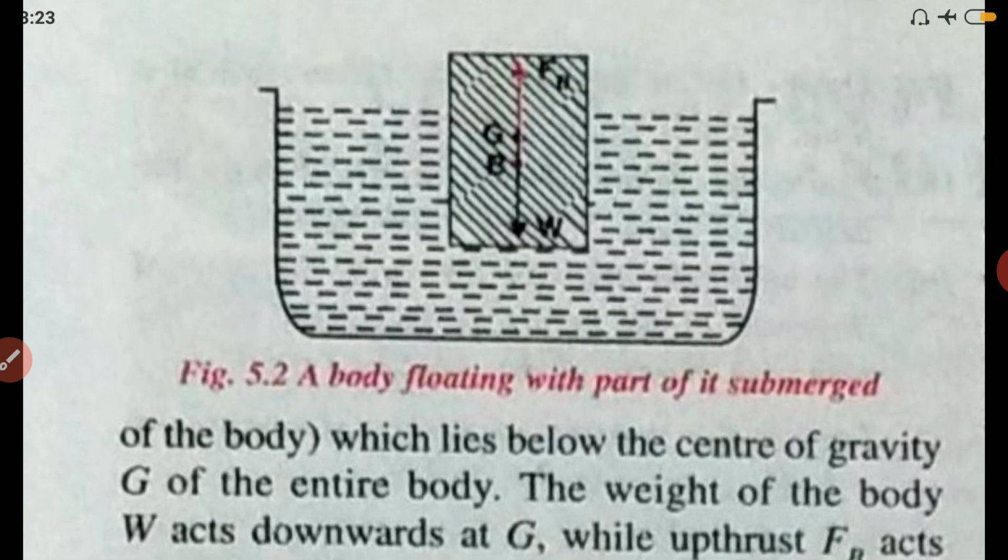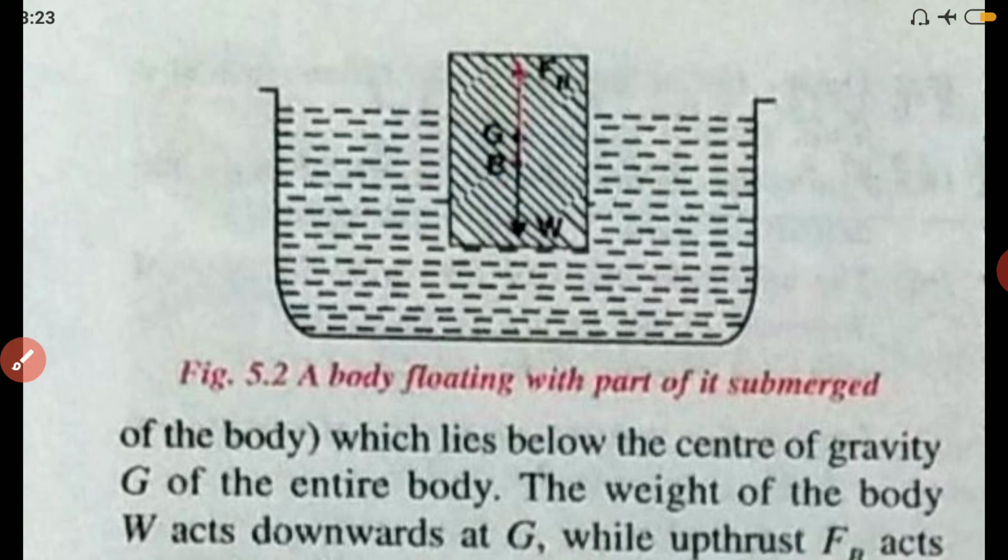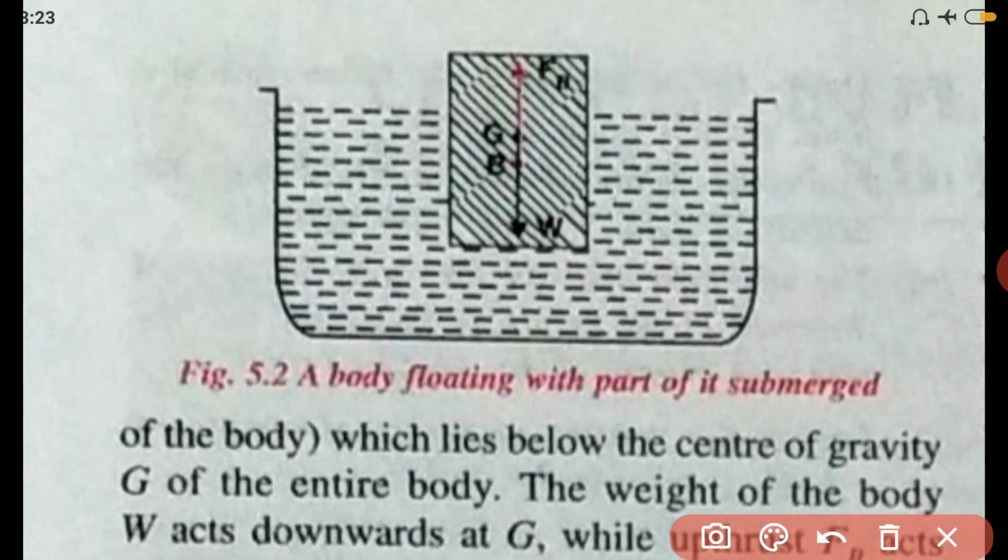Now if I consider this figure, here you can see some part of the body is immersed inside the liquid, right? This much part of the body which is immersed will have a different center of gravity compared to the whole object. So the center of gravity of the immersed part will be somewhere around here, below, right?